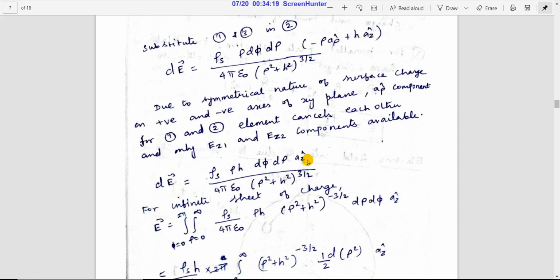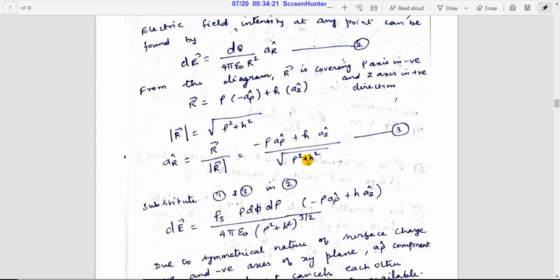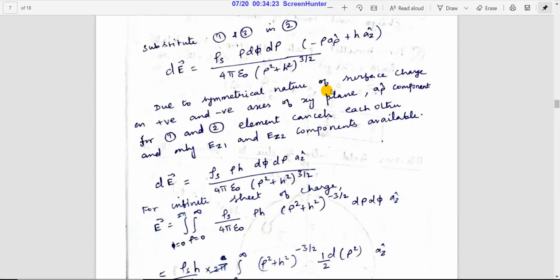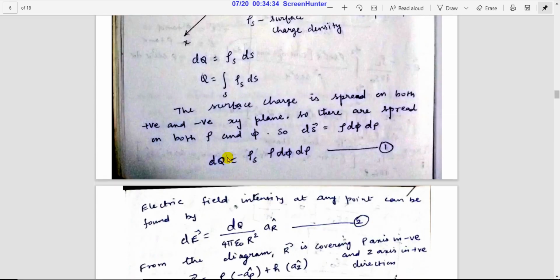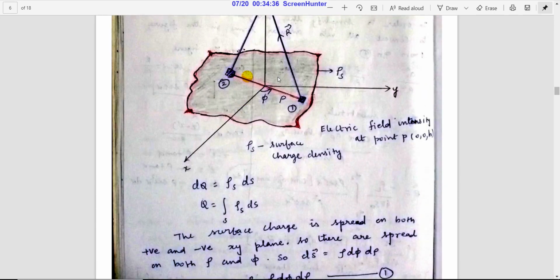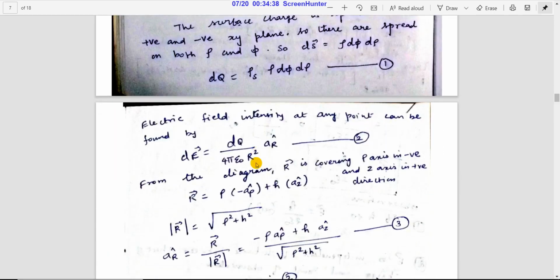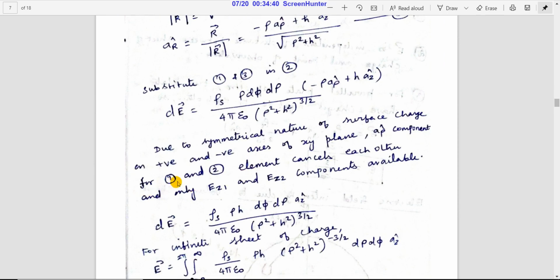Since the surface charge is going to be a symmetrical one, due to the symmetrical nature of the surface charge on the positive and the negative axis of the xy plane, the ρ component for the elements 1 and 2 on the surface charge, 1 and 2 element cancels each other. Why does it cancel?